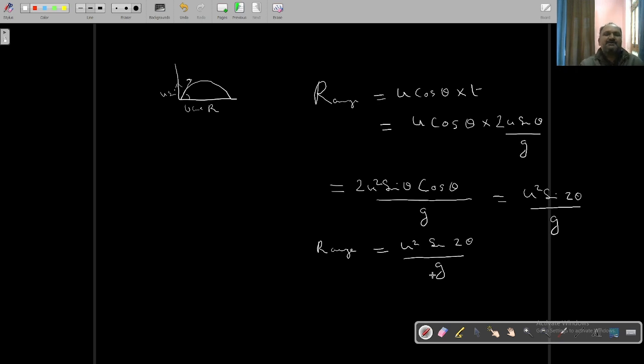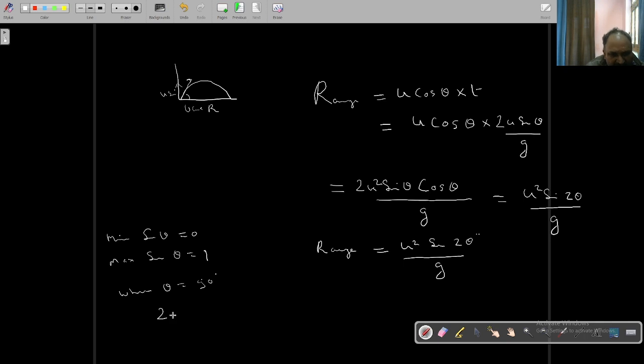Sometimes the question is asked: at what angle should we project the projectile so that we can get maximum range? For any particular velocity of projection, u is constant, g is constant. What can we vary? We can vary only theta. Sin has a minimum value of 0 and a maximum value of 1, which is when the angle is 90 degrees.